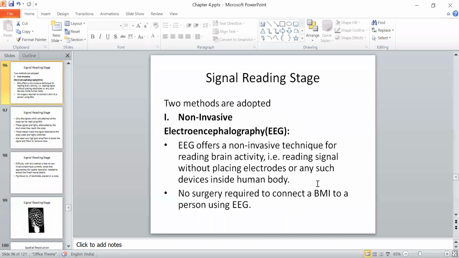In the case of non-invasive, we usually use the electroencephalography, or you can say the EEG technique.